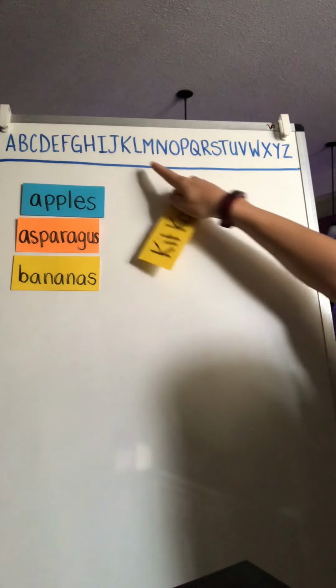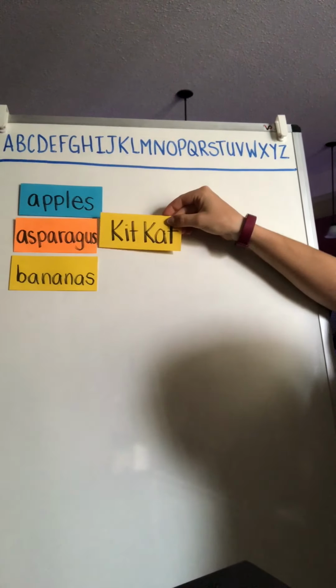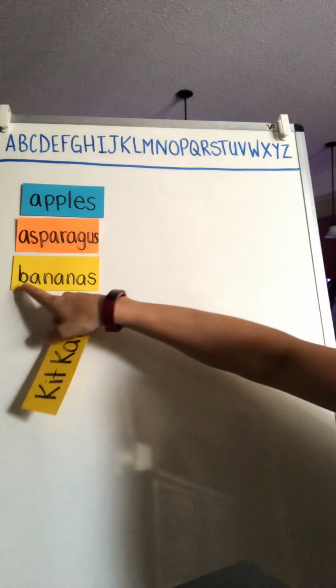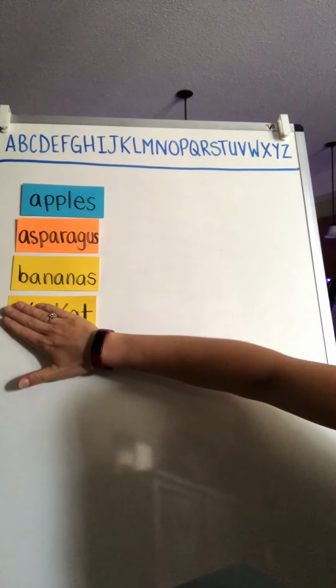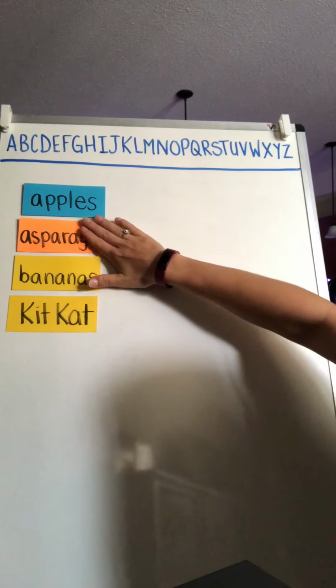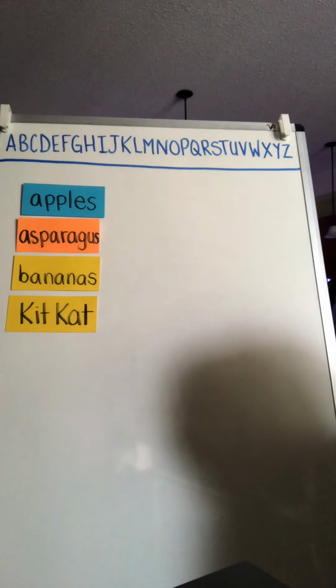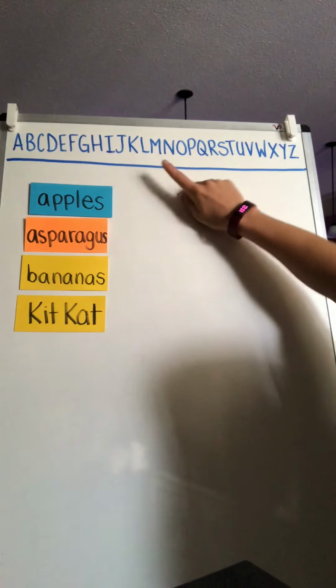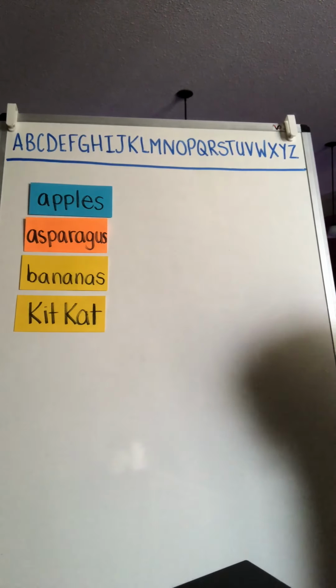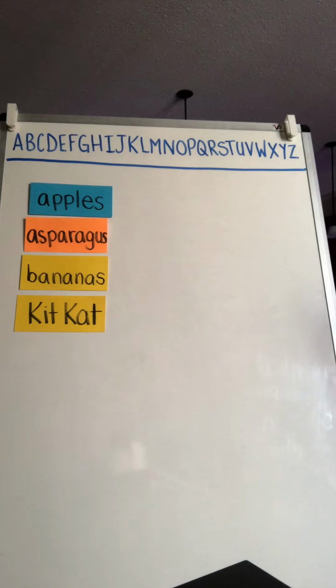So, Kit Kat, well, starts with a K, and I had nothing since my B, so it's just gonna go right after my bananas here. And just because we're doing alphabetical order doesn't mean that there has to be something for each letter. So keep that in mind while you're doing this.